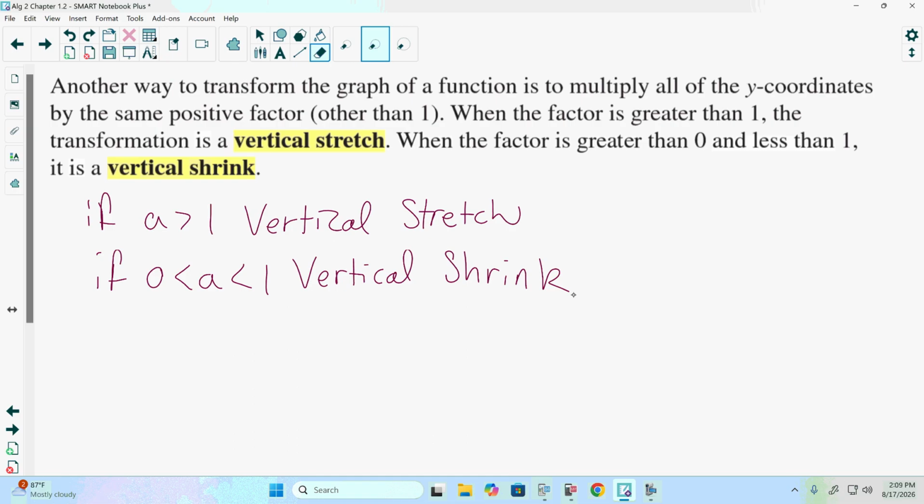So if the value of a is greater than 1, it's a vertical stretch. If the value of a is between 0 and 1, it's a vertical shrink. Now, technically, we would say the absolute value of a. If the absolute value of a is greater than 1, it's a vertical stretch. If the absolute value of a is between 0 and 1, it's a vertical shrink.